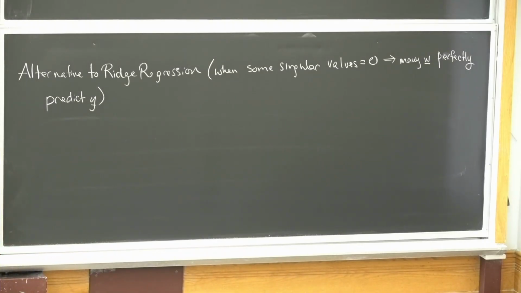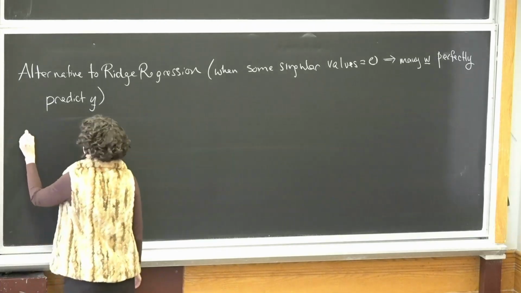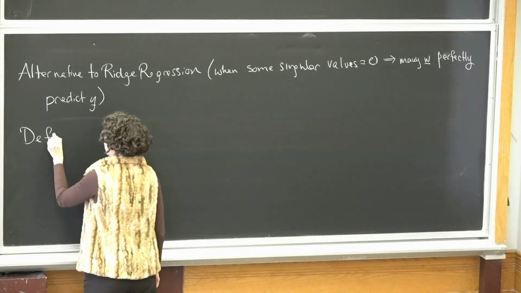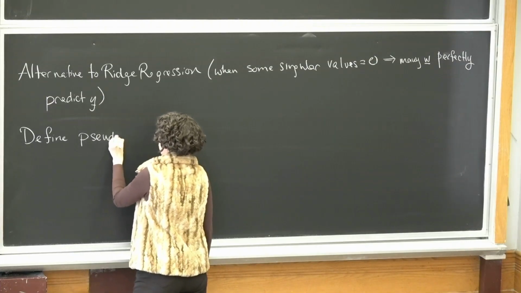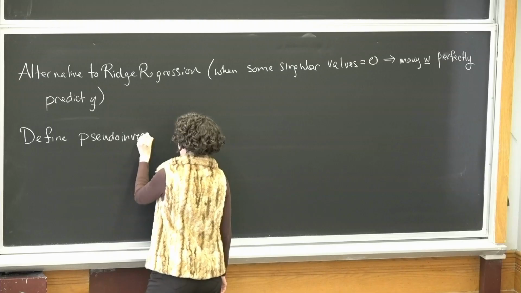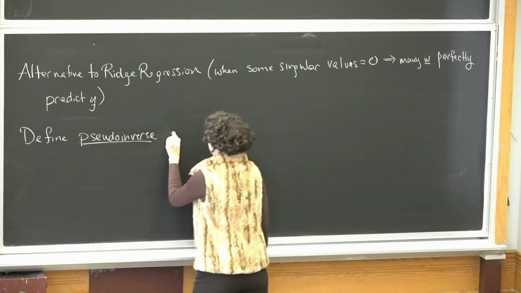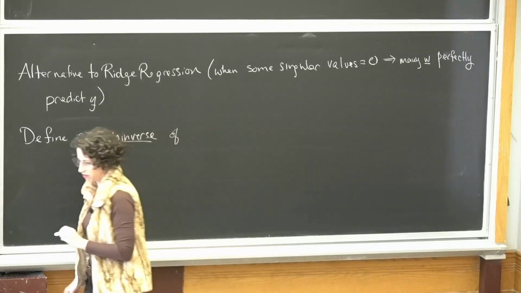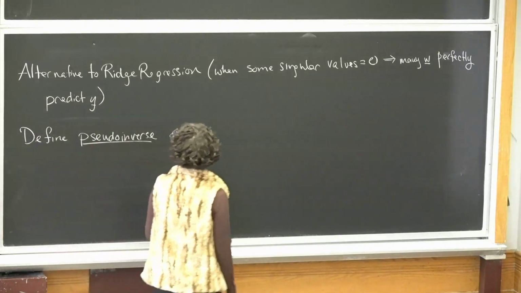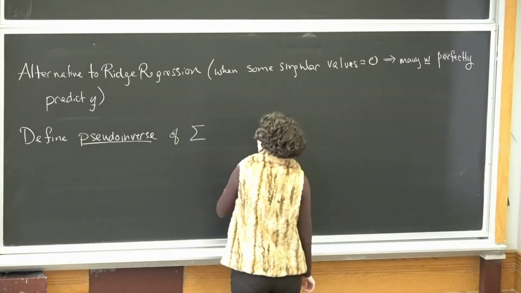But now we're going to look at an alternative approach. And so specifically, we are going to define the pseudo-inverse of a matrix. And I'm going to start by defining it for diagonal matrices, sigma.